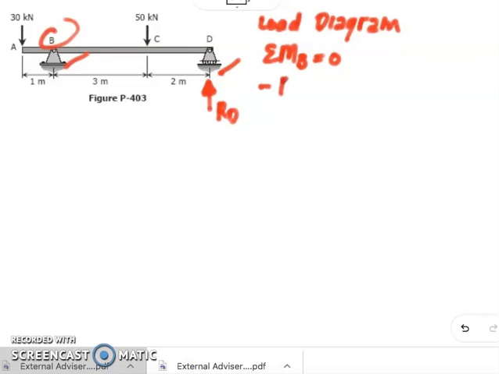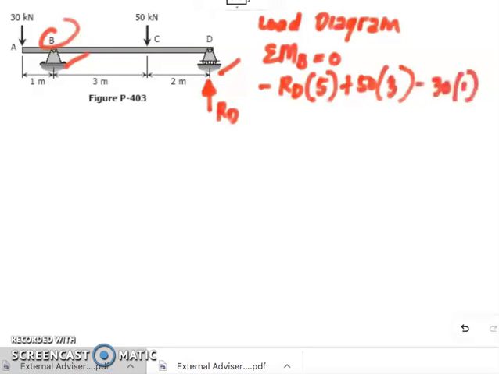So this is equivalent to negative R sub D times the moment arm distance from point D to point B, which is 5. Then we have 50 kilonewton in a clockwise direction, so plus 50 times the moment arm distance of 3. Then we have 30 kilonewton counterclockwise, so minus 30 times the moment arm distance of 1, equal to 0.